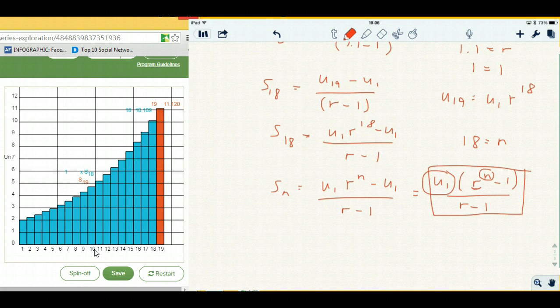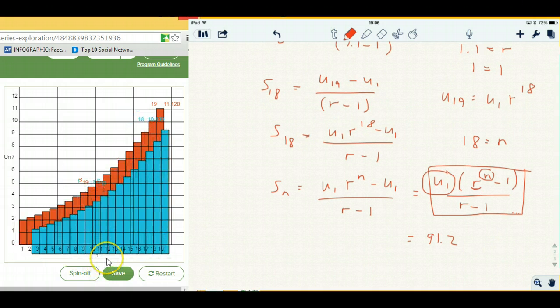You just plug in all the numbers and you calculate it out, you'll get 91.2. And you could probably even do this calculation without a calculator. Okay? That's how you figure out the geometric sum formula, or understand where the geometric sum formula came from.